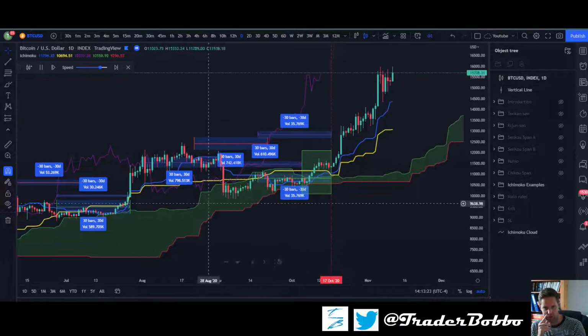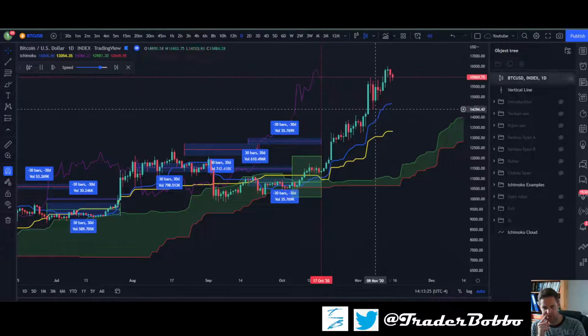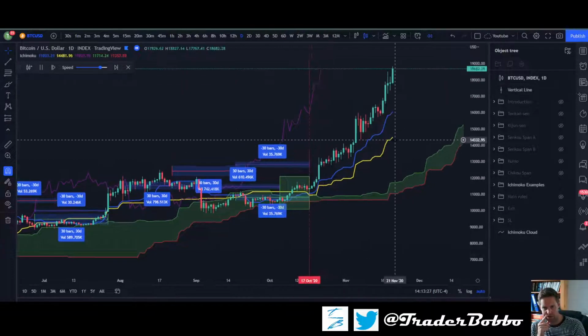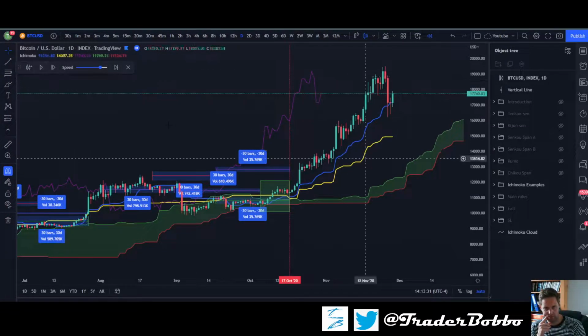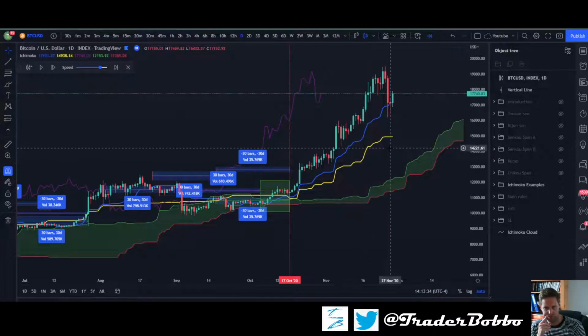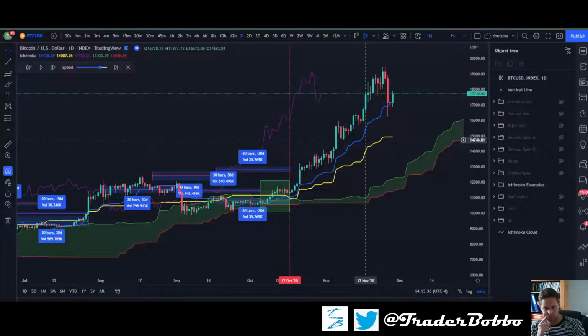So what I'm watching, again: cloud, angles of lines, Chikou, stop loss. Follow your stop loss, and be clever where your stop loss is. You've got a daily support here, you'd probably just put it just under here.